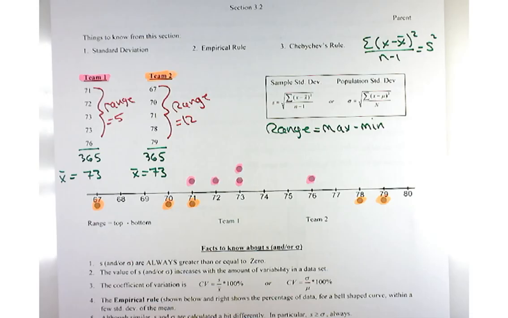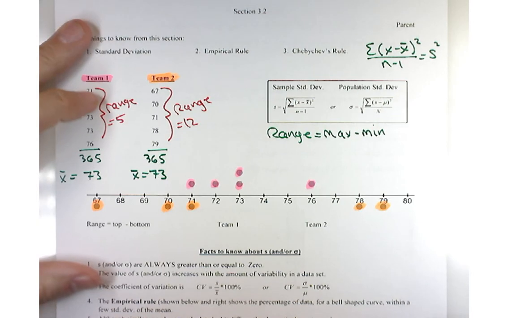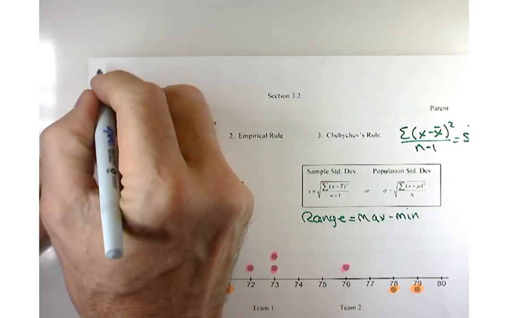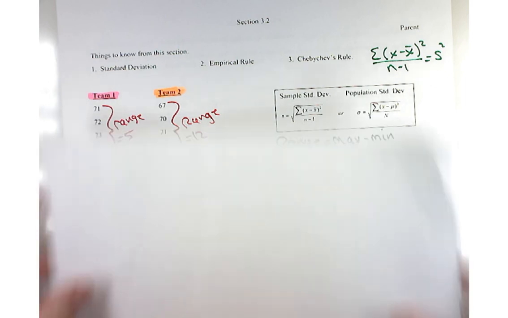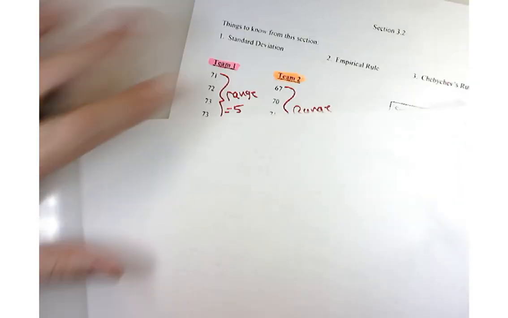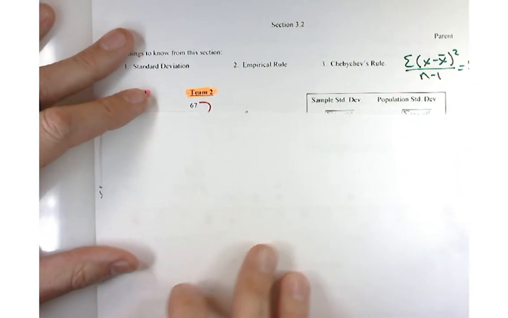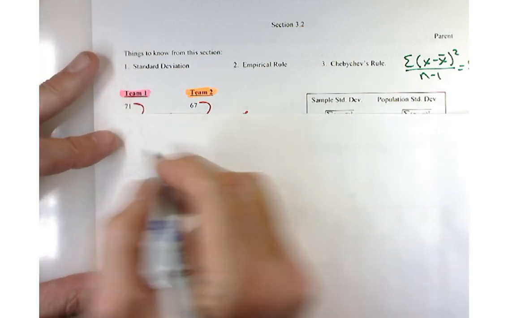So let's summarize a couple things about standard deviation before we move on and tackle some problems here. So the first thing that I want to mention is some notation.